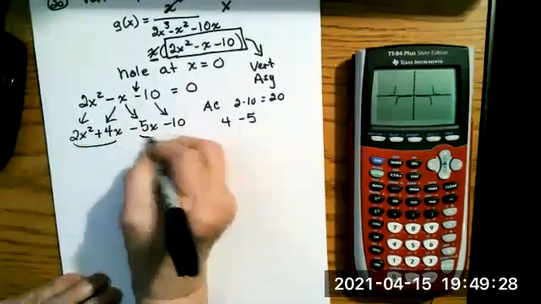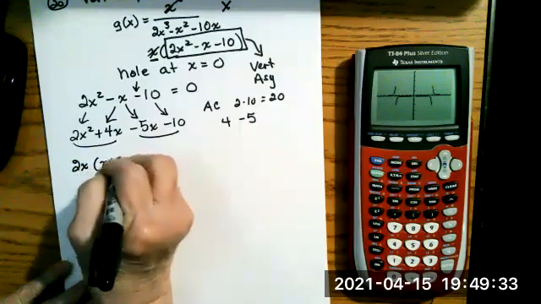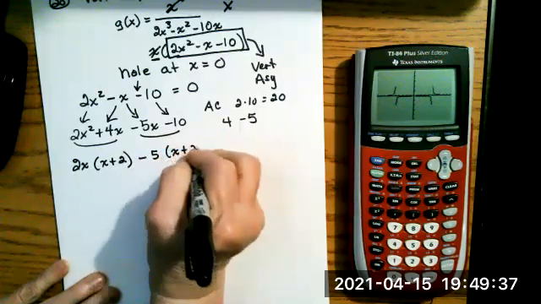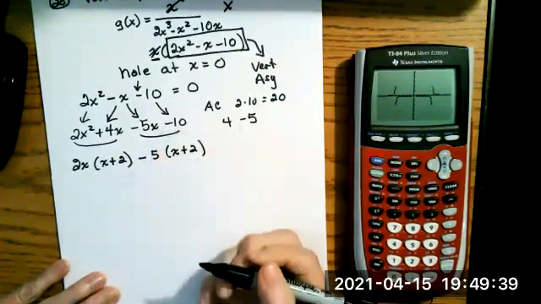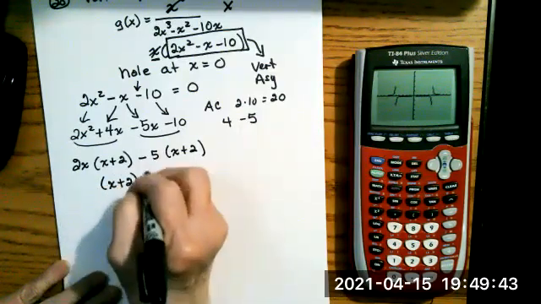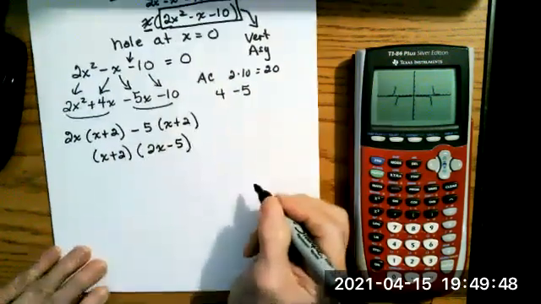Now factor: take out a 2x and I'll have an x plus 2. Take out a negative 5 and I'll have an x plus 2. The negative will change that sign. So I have an x plus 2, that's my common one, and 2x minus 5 is the other one.